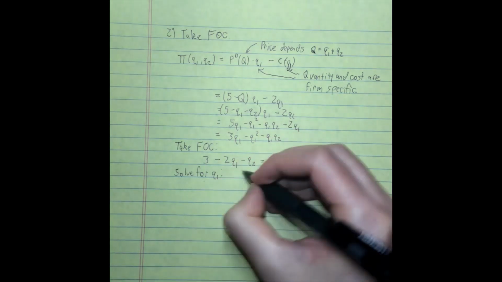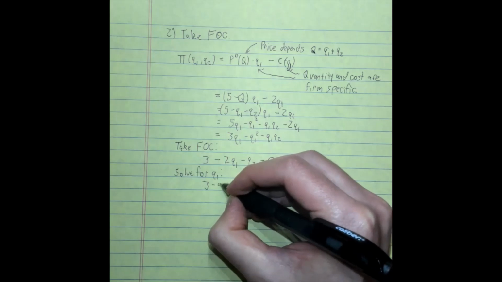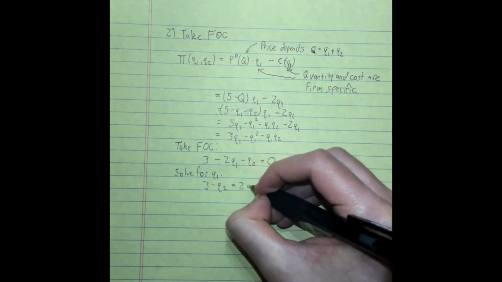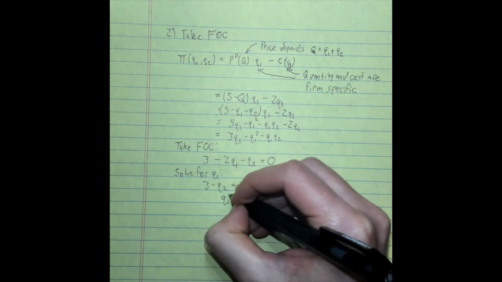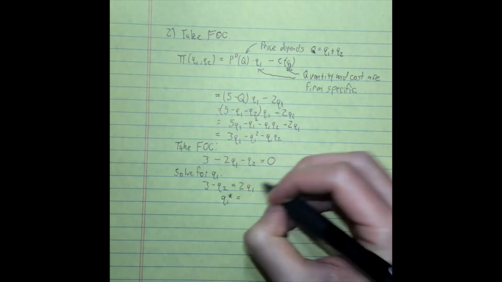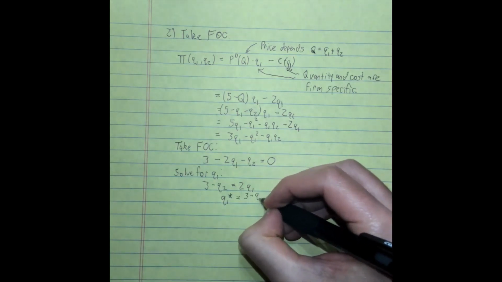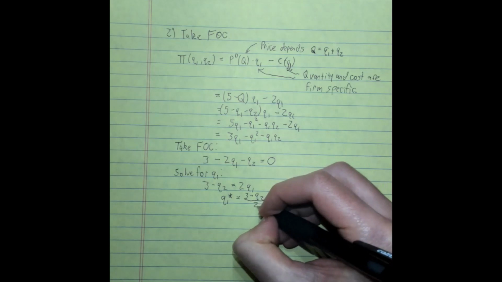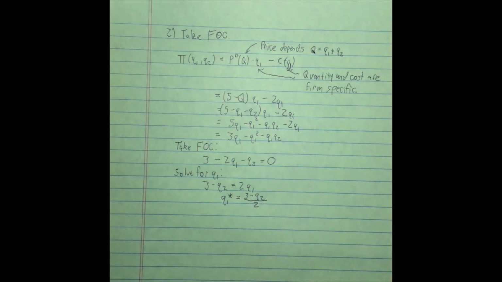All right, and so we get 3 minus Q2 is equal to 2Q1, or Q1 star is equal to (3 minus Q2) over 2.